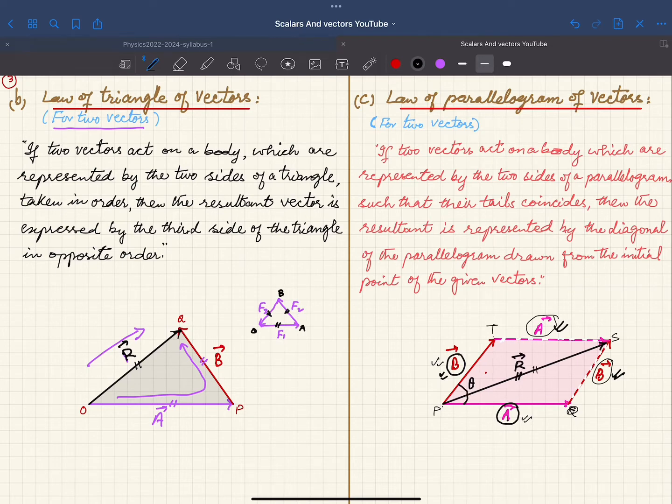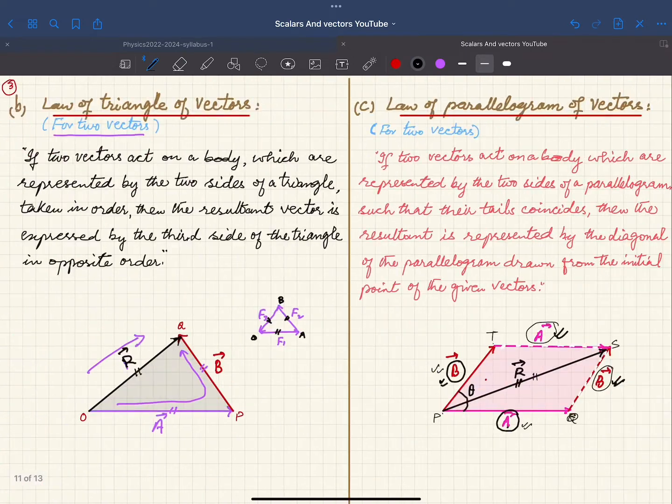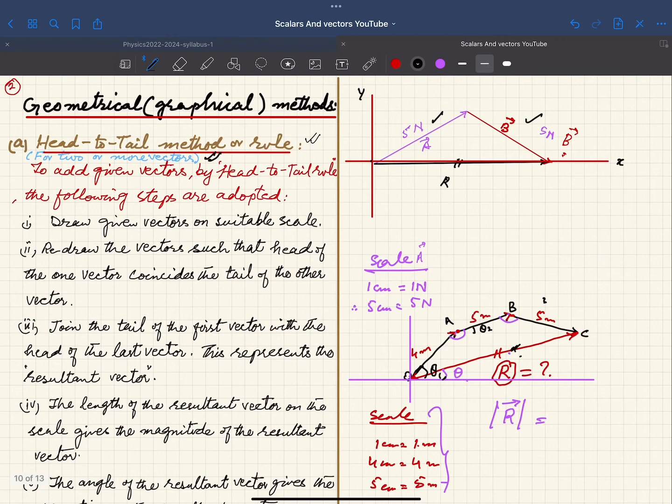So this is important. So these are three methods: one is the head to tail rule, second is the law of triangle, and the third is the law of parallelogram. And as we have just said, all these are geometrical or graphical methods.